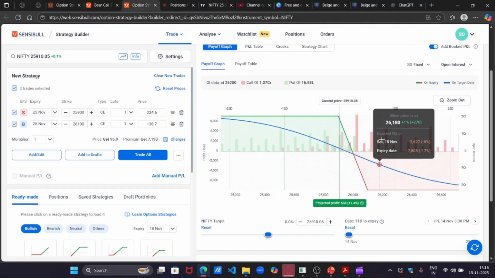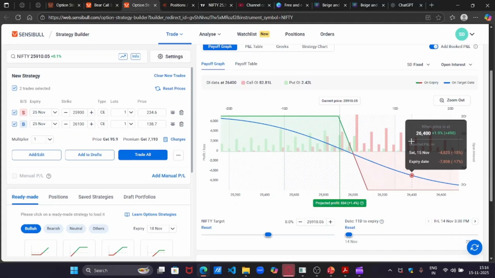If it goes above, then also it is giving me a 17% loss, which is fixed. You cannot lose more than this because you are selling a strike of 25,900 and you are buying a strike just above, 200 points from this strike, 26,100, and both are call side.